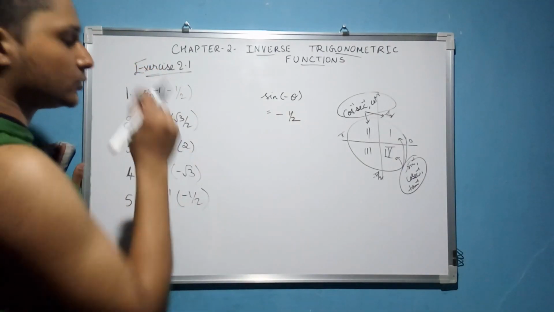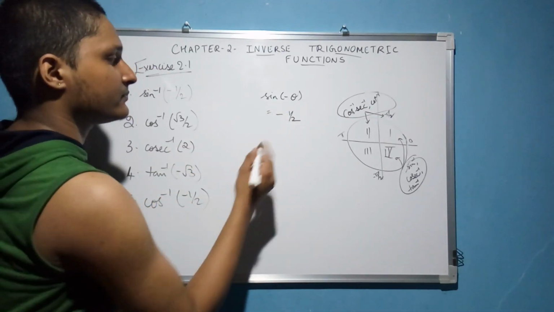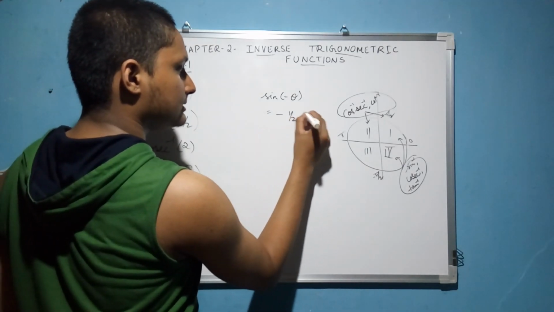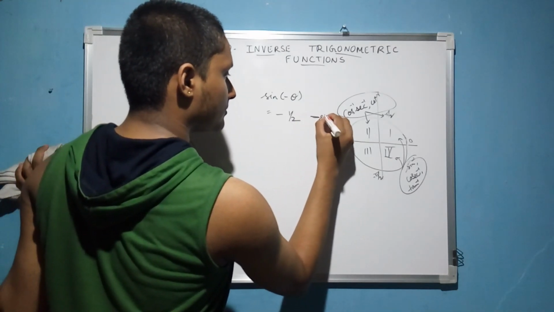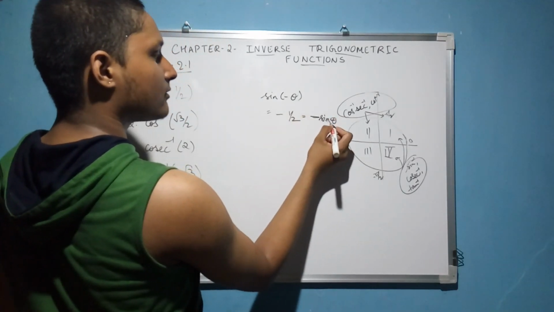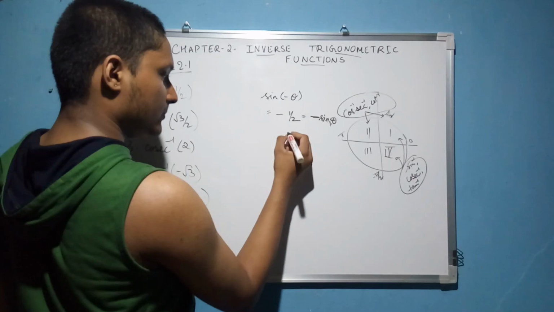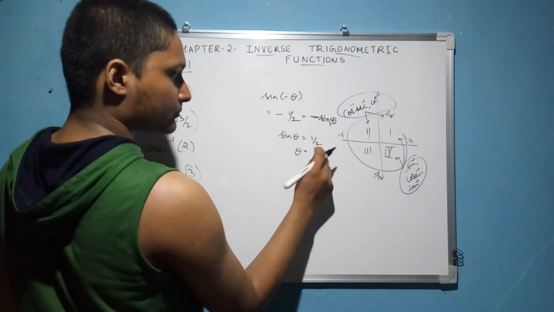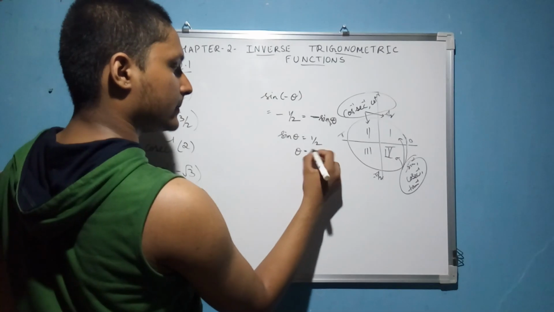So what will be the sine inverse of this function? It is for some sine theta that is negative, so minus half is equal to minus sine theta. In such a case you can find the positive theta for which sine theta is equal to half, and theta is 30 degrees. 30 degrees comes to be pi by 6.